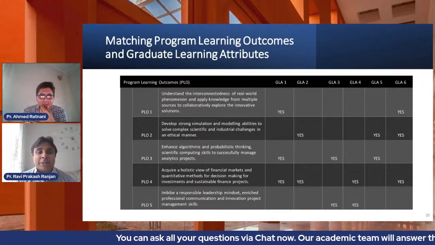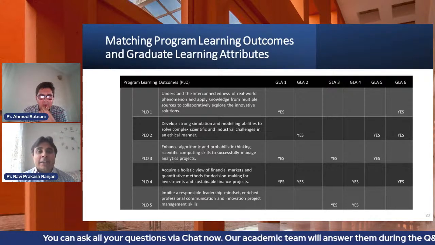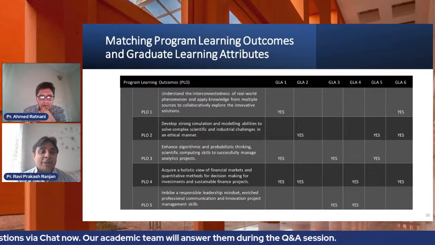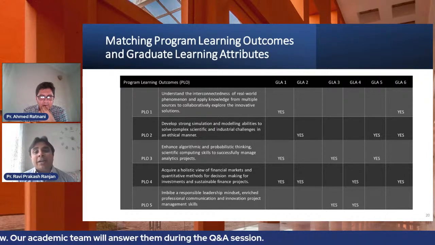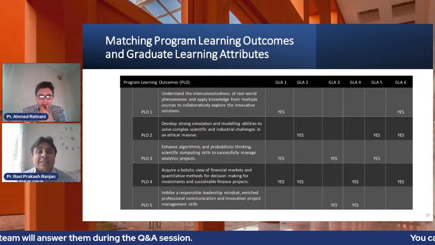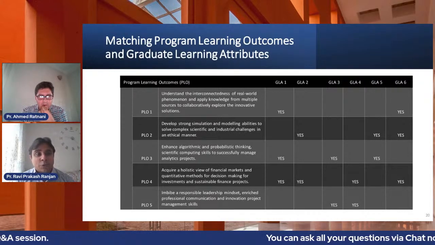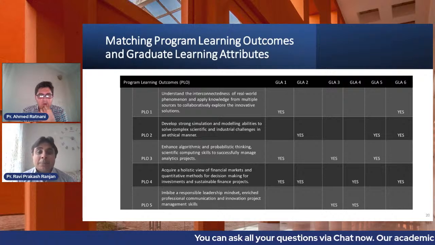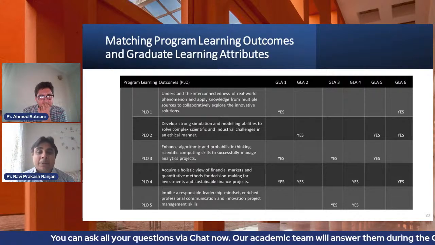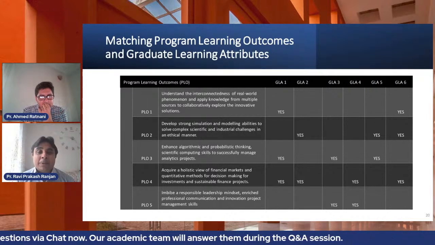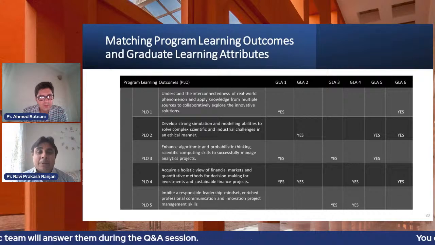We explained to you earlier about different program learning outcomes, and Professor Ahmad explained to you about different graduate learning outcomes. So how are they mapped in terms of which one is placed where? So for example, outcome one, which is about understanding the interconnectedness in all these complex phenomena, is linked to graduate learning outcome one and graduate learning outcome six.